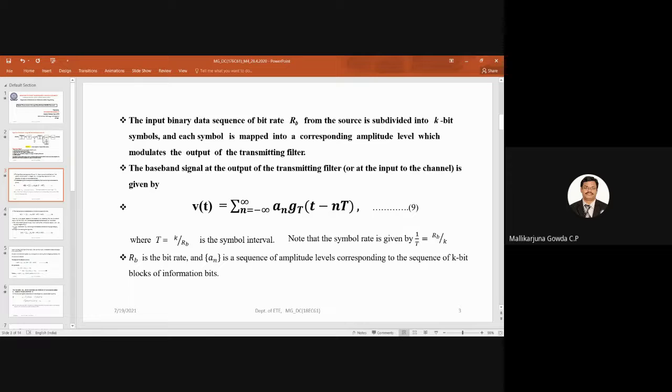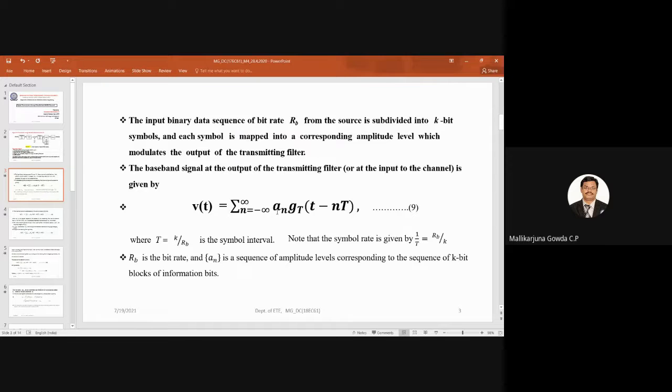So then you will be able to understand how the amplitude of the pulse is varied, from minus infinity to plus infinity. So in a simple form, it is written with the summation equation. Hope you are able to get this equation. Vary the value of n from minus infinity to infinity.